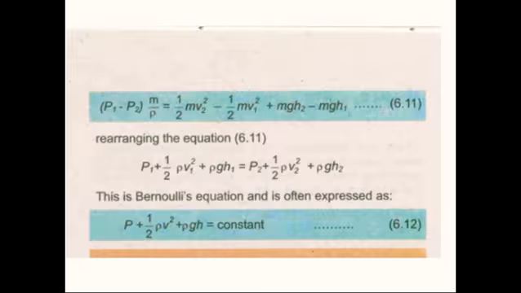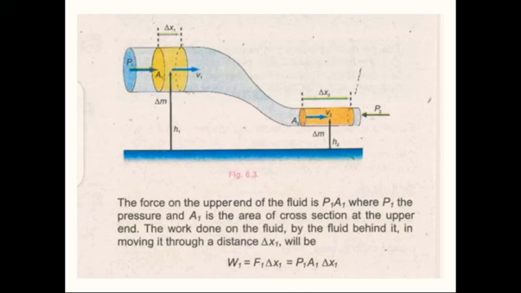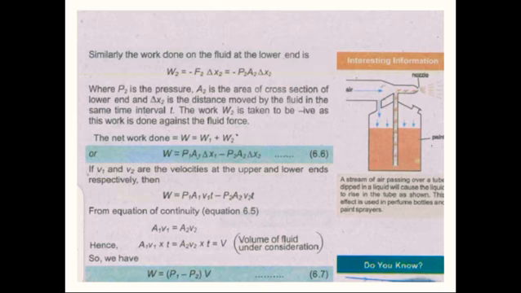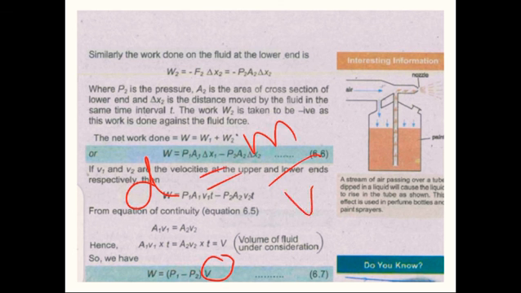So finally we will write P1 minus P2 is equal to m over rho, as in the last step volume is written, and you know density is equal to mass per unit volume. So we have replaced this volume by m over rho.